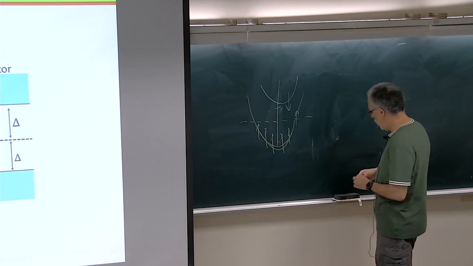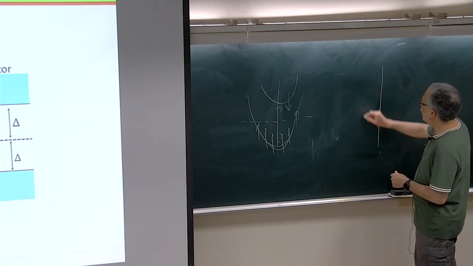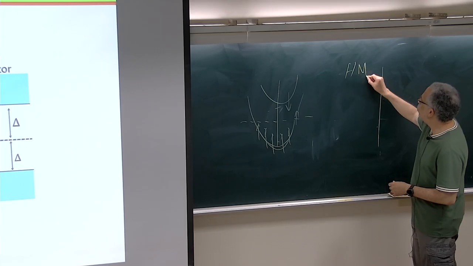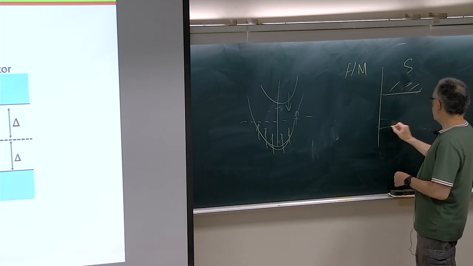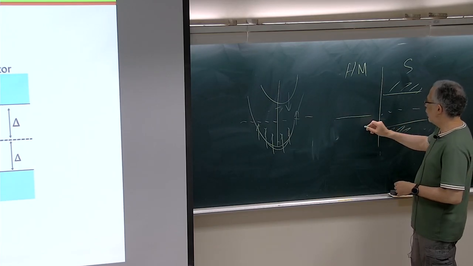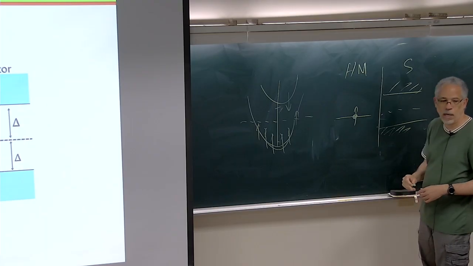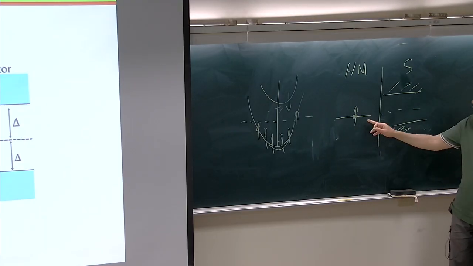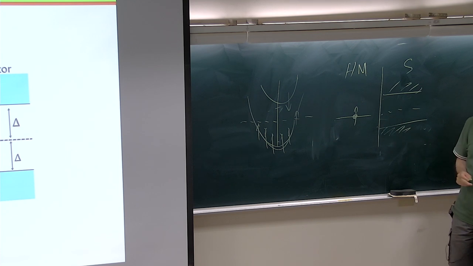Now let's say you put your half metal here, and you put your superconductor here. Now your electrons here all have spin up. They cannot go through because there is no spin down electron to form the pair.